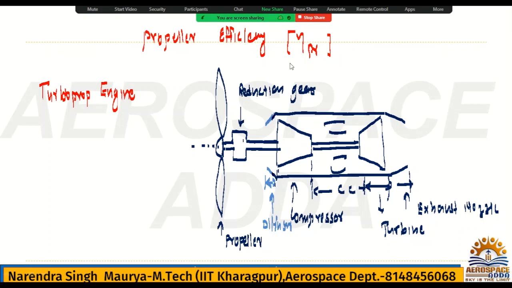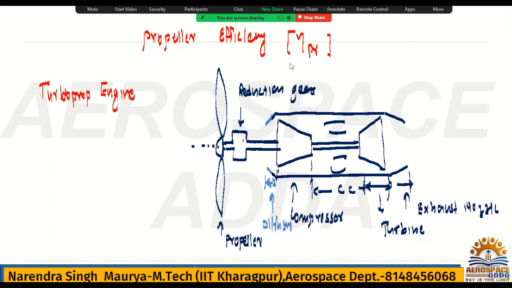Whatever shaft we are having, that shaft is transmitting a huge amount of power. It can rotate at very high speed, but whatever the propeller requires is called the rating of the propeller. Based on that, it will rotate and it will be controlled by the reduction gear.